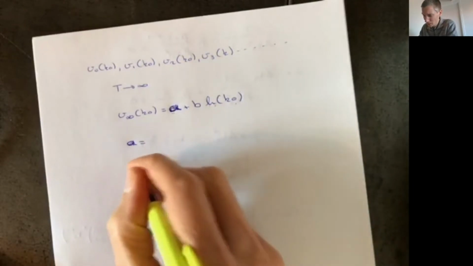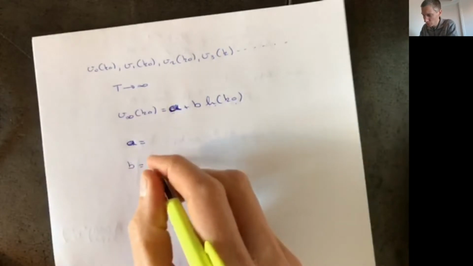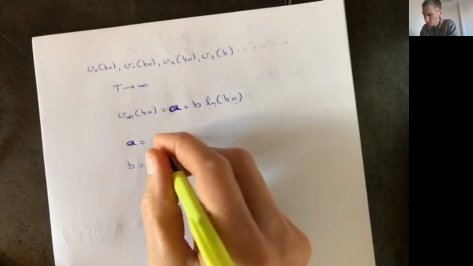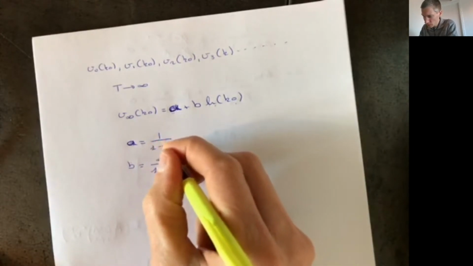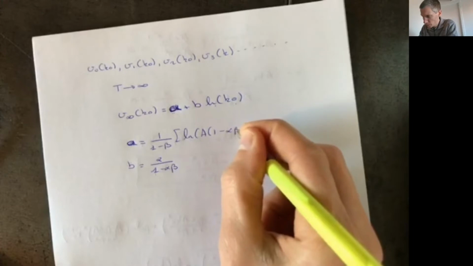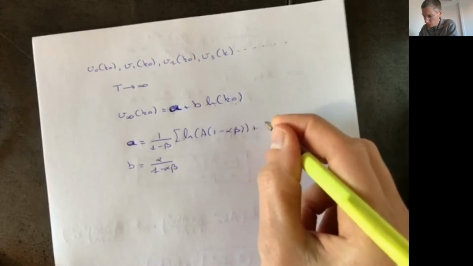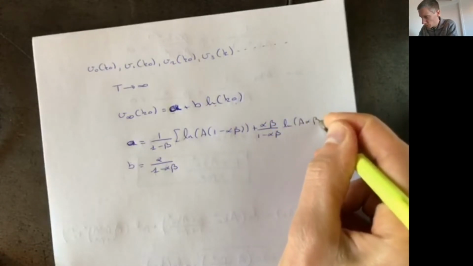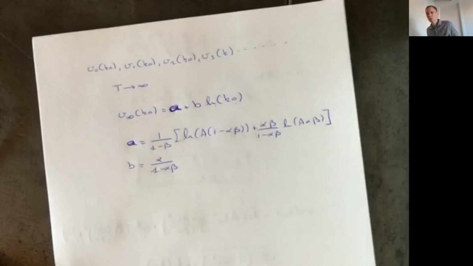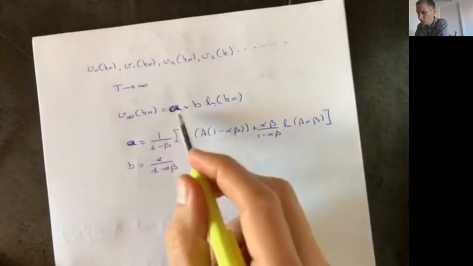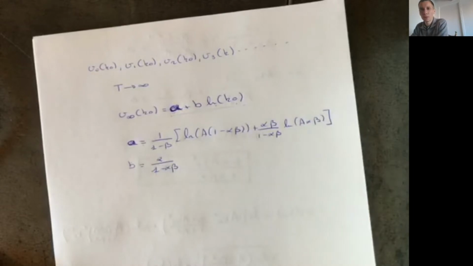So a and b have a known expression, so b will be equal to alpha over 1 minus alpha beta, and a will be equal to a somewhat complicated expression: 1 over 1 minus beta, and then ln a(1 minus alpha beta) plus alpha beta over 1 minus alpha beta ln a alpha beta. Okay, you don't need to know this by heart. In fact, it doesn't mean so much. But the interesting thing is that it's still linear in ln k0, right? So it does converge to something, and it converges to this.